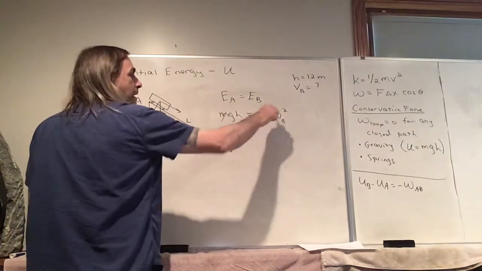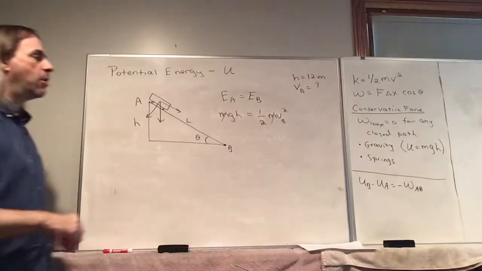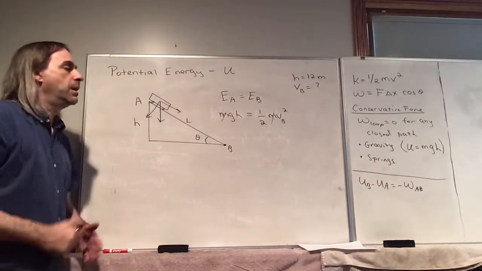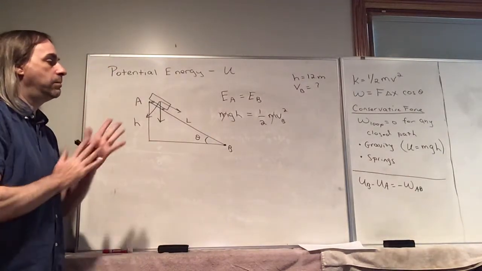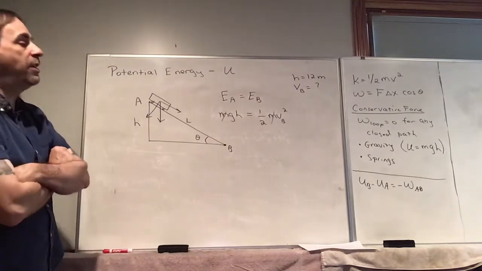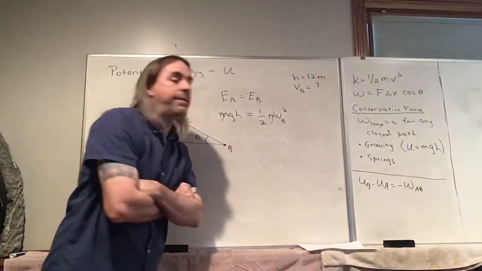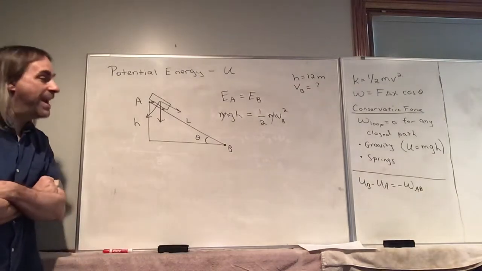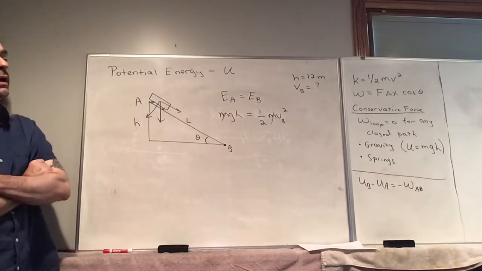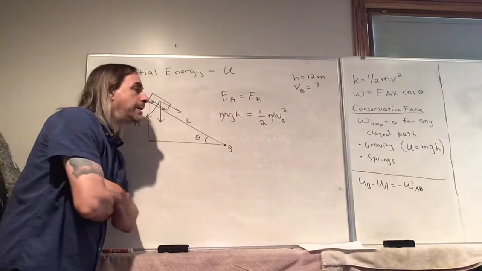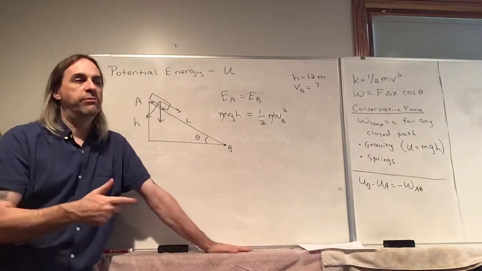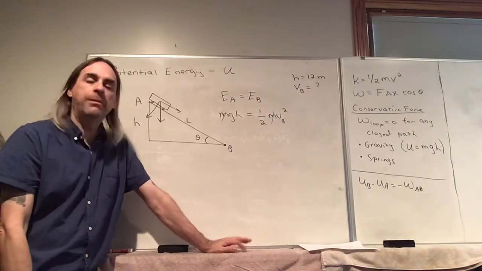Yeah, we can see the mass cancels out, and we can immediately solve for VB. So that's how conservation of energy can make things easier. That's one advantage to doing this over the Newton's laws and kinematics approach. It can be easier.